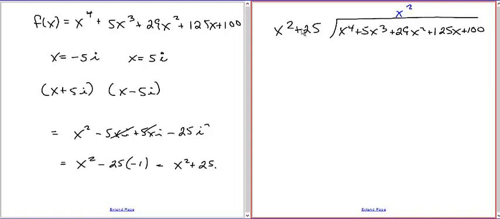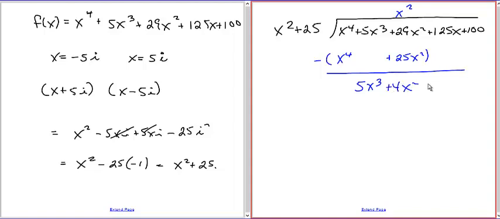Then we take x squared times x squared, that's x to the fourth. x squared times 25 is 25x squared. There's no x cubed term in this row, and I subtract both of them. So this minus that is 0. I'll bring down the x squared term from the original equation. 29 minus 25 is plus 4, so we get plus 4x squared. And then I'll bring down 125x.